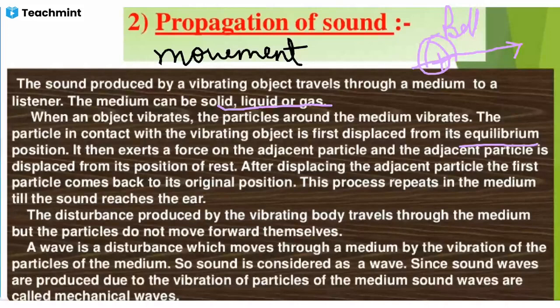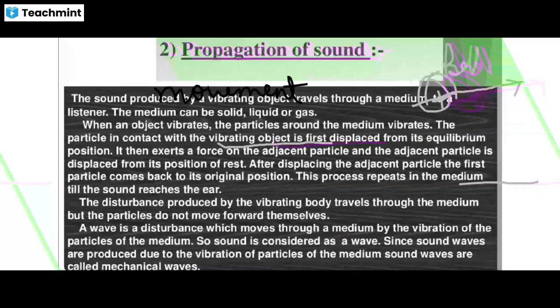Transverse waves we can see in the case of light waves. Light is transferred from one medium to another in the form of transverse waves. But in the case of sound waves, we have only longitudinal waves.